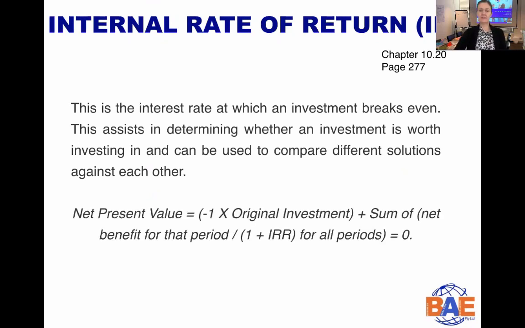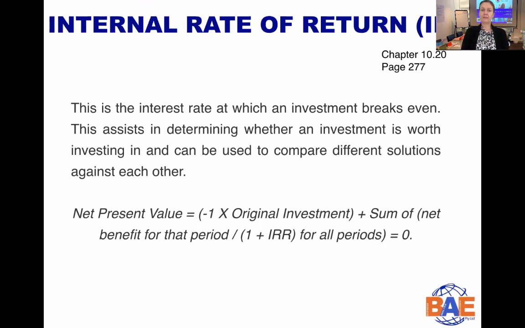Now, the calculation for this is basically the net present value equals minus 1 times the original investment plus the sum of the net benefit for that period divided by 1 plus the IRR for all periods, where it equals 0.